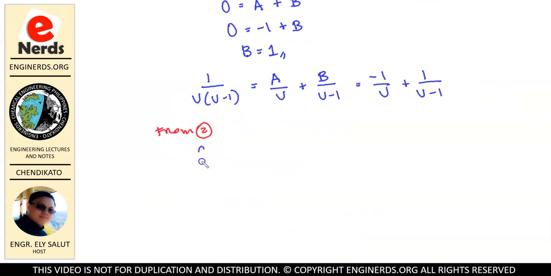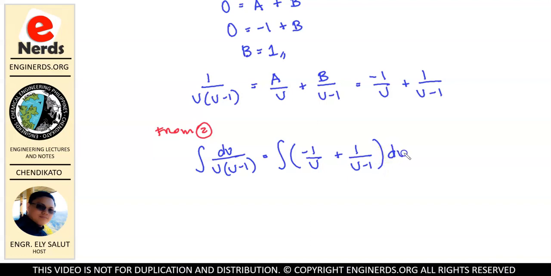So, we have the integral of du over u times u minus 1, which will be equal to, dahil yung 1 over u times u minus 1 is equal to this, so that means we have the integral, okay, of negative 1 over u plus 1 over u minus 1, then we have du.